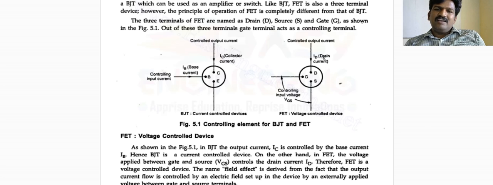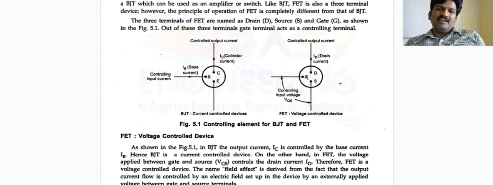You should understand the FET is a voltage control device, and BJT is a current control device. The terminals named for the BJT are collector, base, and emitter. The terminals named for the FET are drain, gate, source.